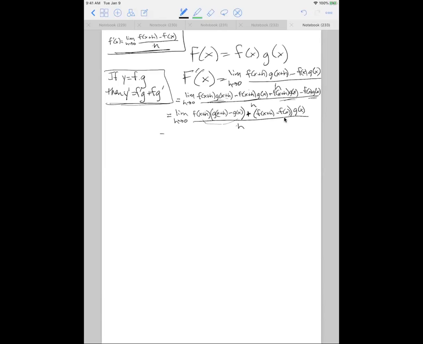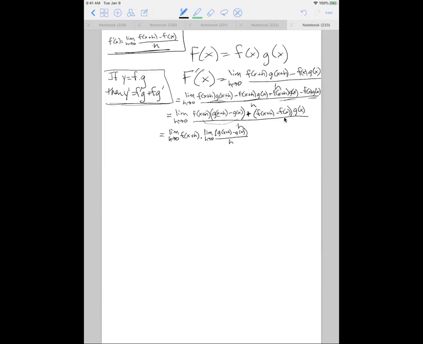So we end up with the limit as h goes to 0 of, notice what's happening here, when we distribute that limit across the board, we end up with this f of x plus h times the limit as h goes to 0 of g of x plus h minus g of x, and I will put that divided by h on that.